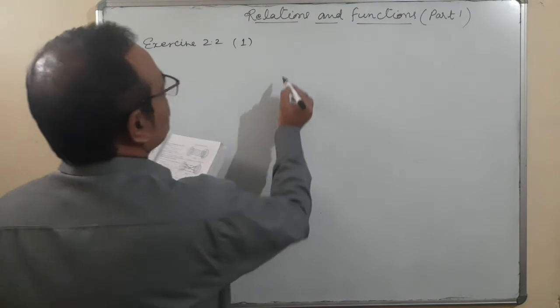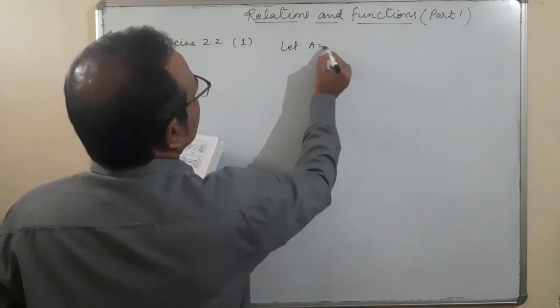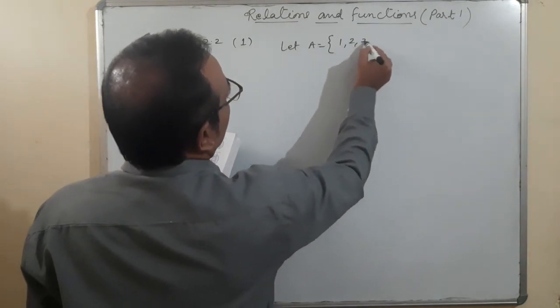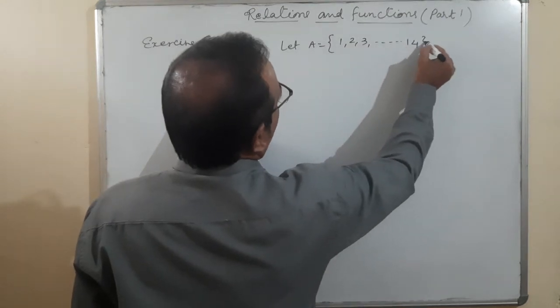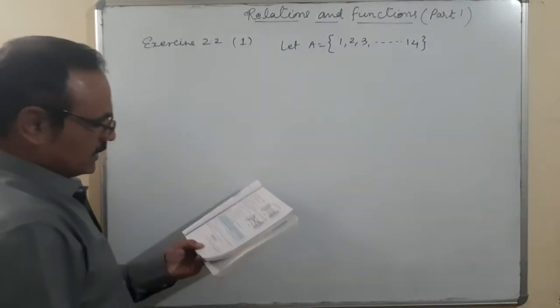Let A equal 1, 2, 3 up to 40. From 1 to 40, numbers are there.